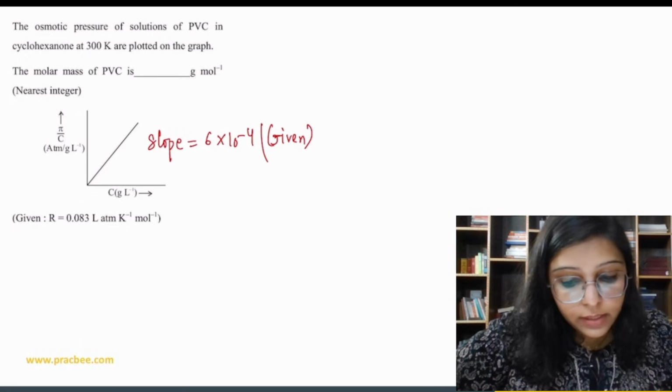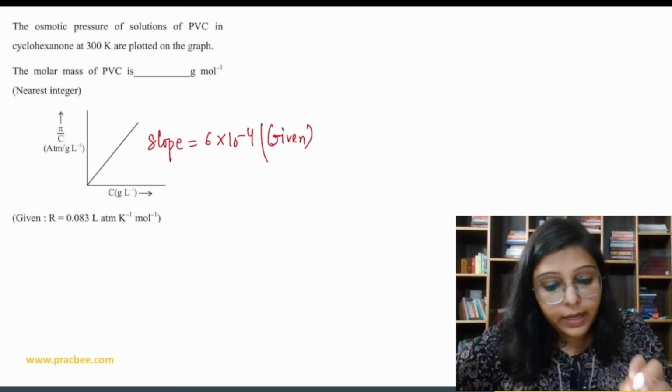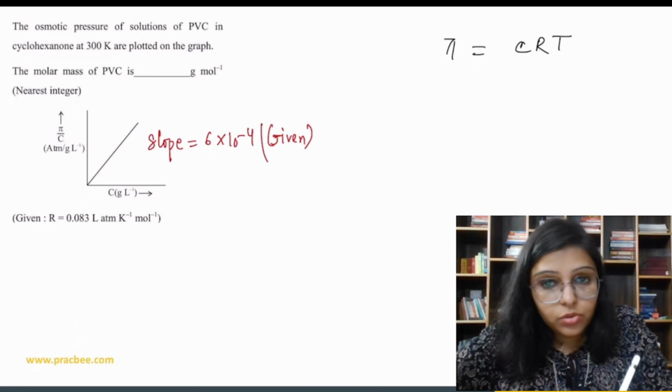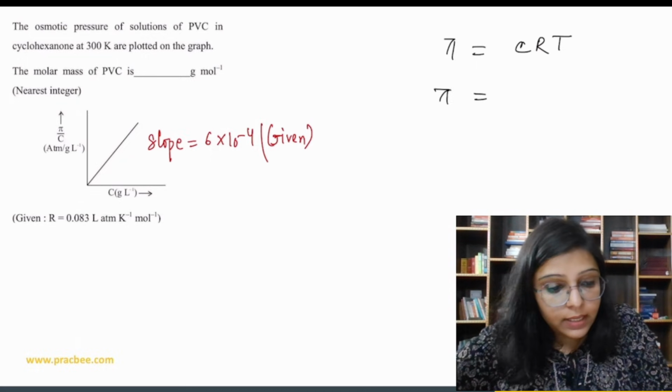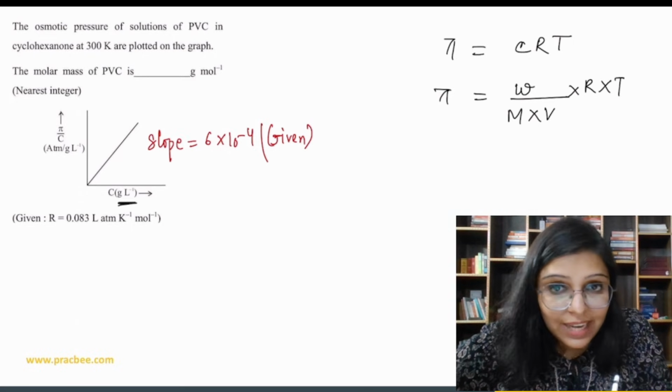So the point is the osmotic pressure of a solution of PVC, they are plotted like this. We know that pi is equal to CRT. Pi and C we can write as given mass upon molar mass into volume, into R into T. If you see this, the unit is gram per liter.